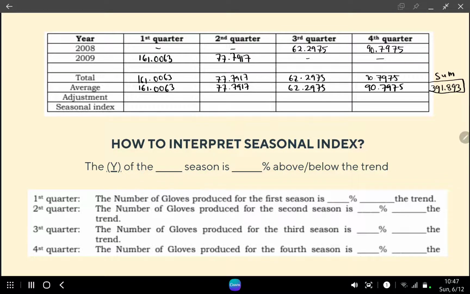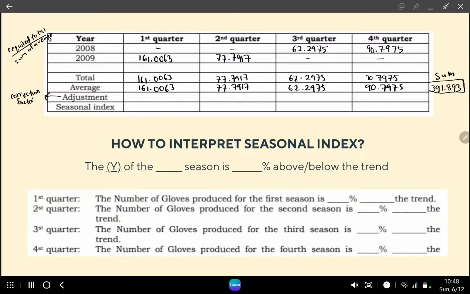To calculate the adjustment, we need to use the formula for correction factor as in the previous slide. The formula for correction factor is required total divided by sum of average.